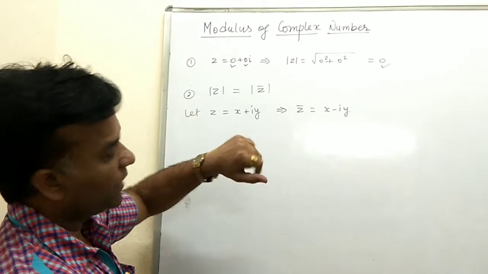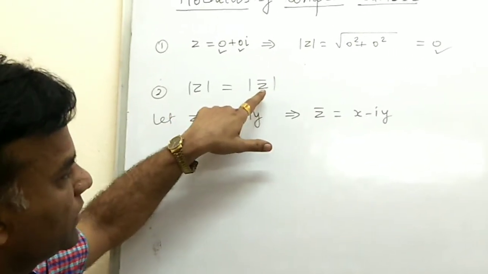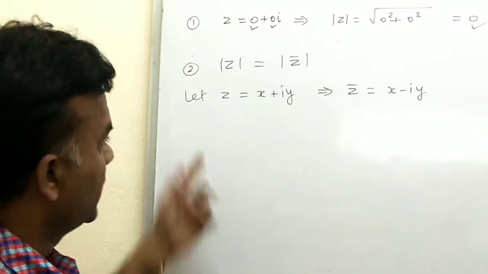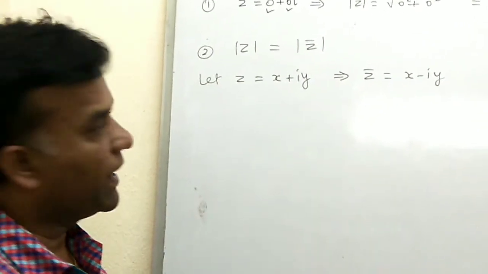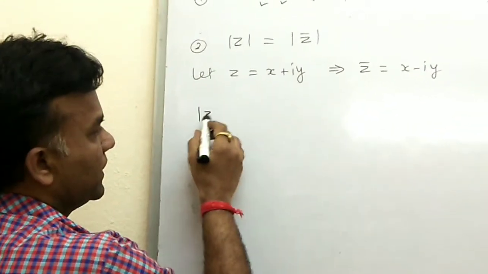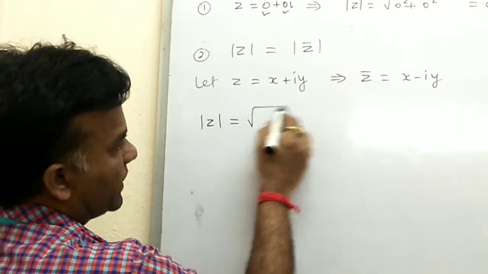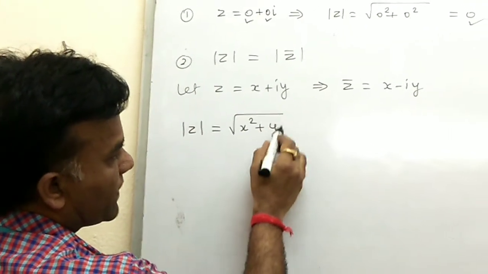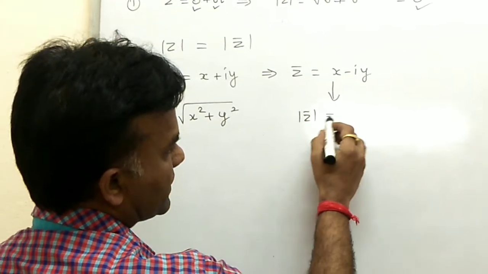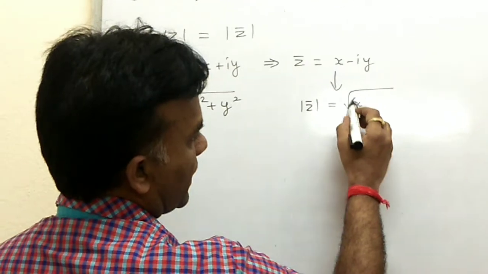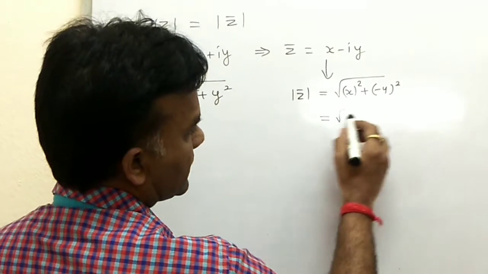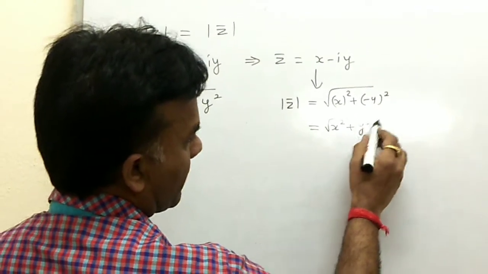Okay, then the second property is that mod of z equals mod of the conjugate of the complex number, both values are the same. So here we consider z = x + iy, and then its conjugate is x − iy. Now we find the modulus of this complex number, that is √(x² + y²), and now we find |z bar|, which is equal to the square root of x² plus (−y) whole squared, that is √(x² + y²).